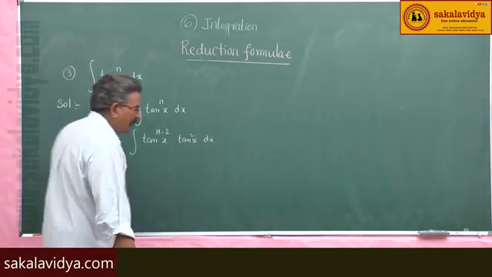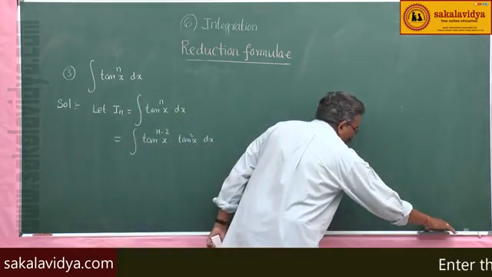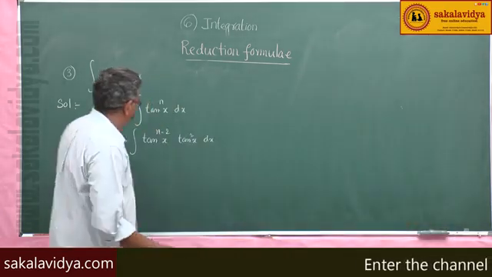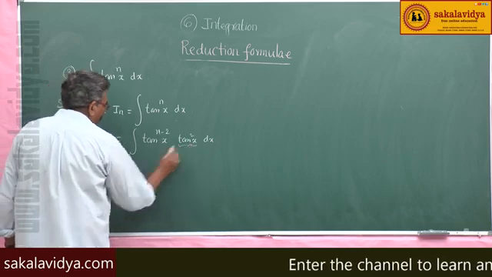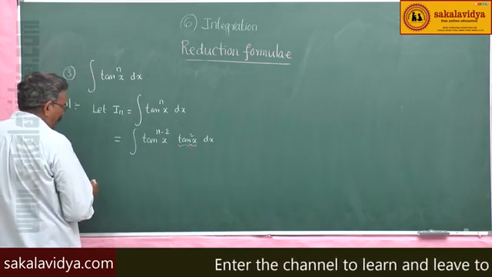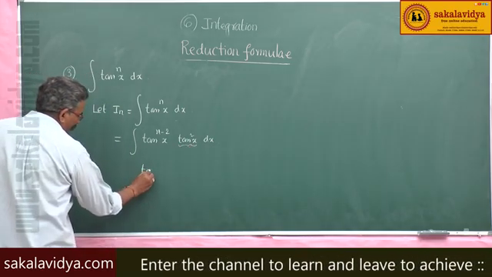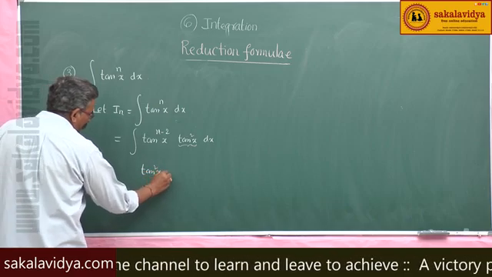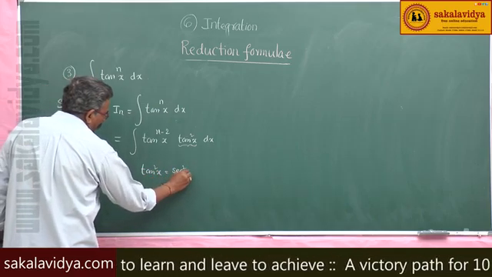Now this tan square x can be written, tan square x is equal to secant square x minus 1.